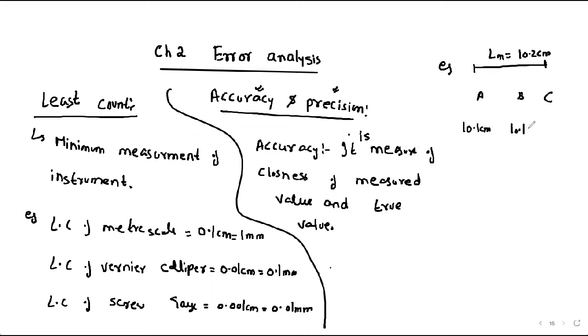B measures it to be 10.0 centimeter. C measures it to be 9.9 centimeter. So can you tell me which one is most accurate? A, because the measured value of A is very close to the true value. So that's accuracy basically. It measures the closeness between the measured value and true value.